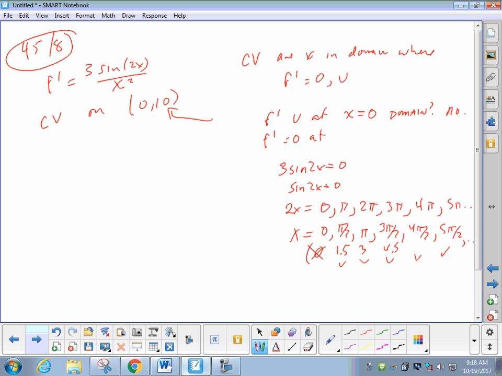The next one, what would it be? 3 pi, 9.42, it's in, right? So 1, 2, 3, 4, 5, 6. After that it's too big, so it's out. There are 6. You follow?